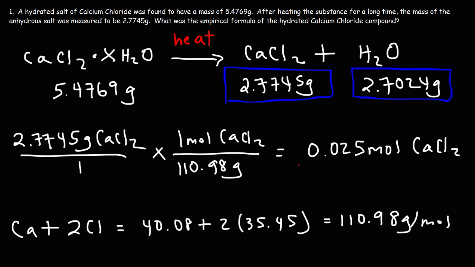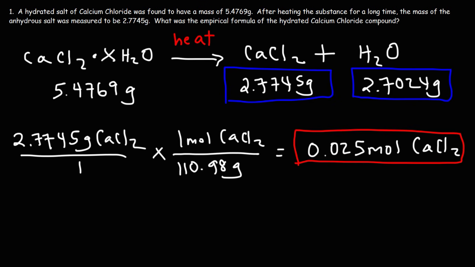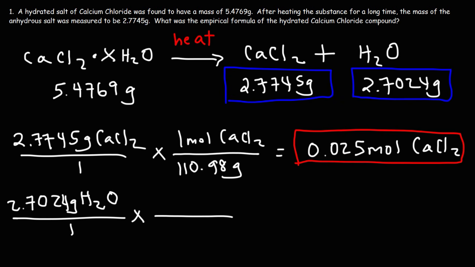So now we need to repeat the same process for water. So we have 2.7024 grams of water, and we need to get the molar mass of water. The atomic weight of oxygen is 16, and for hydrogen it's 1.008 times 2.